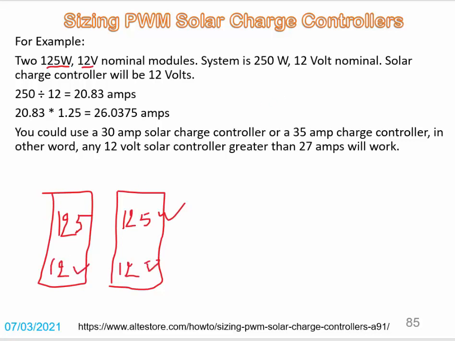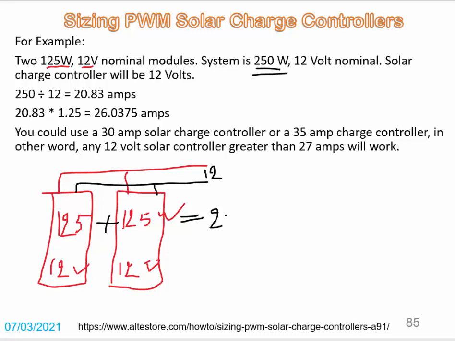We connect this system in parallel, connecting the positive terminal to the positive terminal and the negative terminal to the negative terminal. So this system will produce 12 volts, because it's a parallel connection, and the total wattage is 250 watt, because 125 plus 125 watt equals 250 watt.